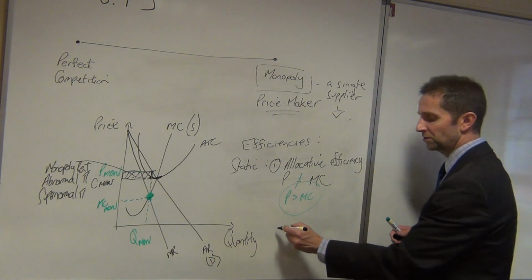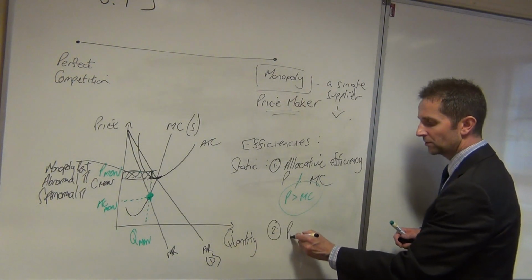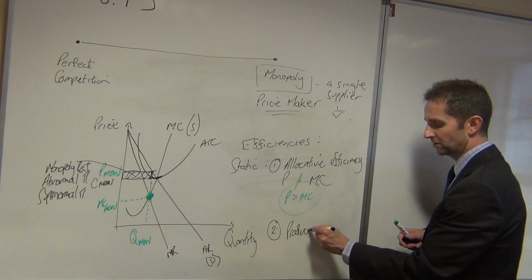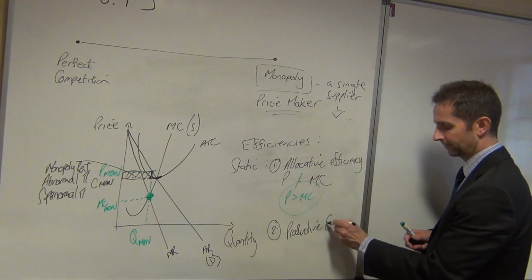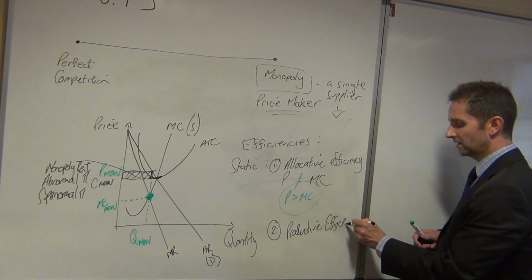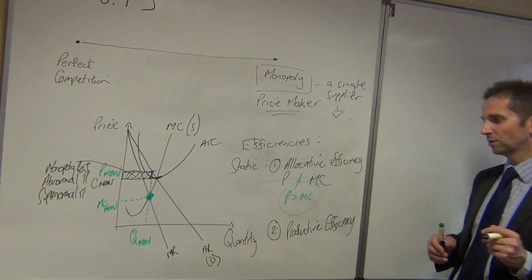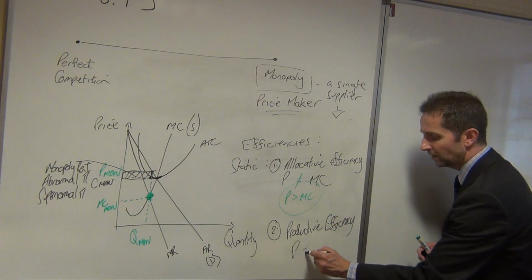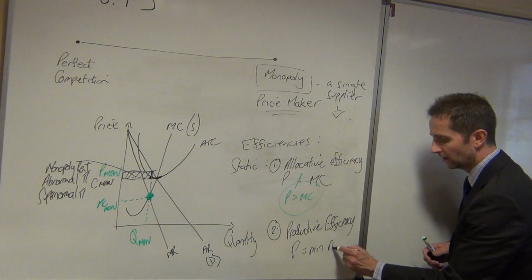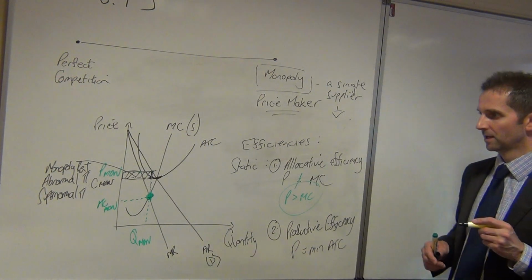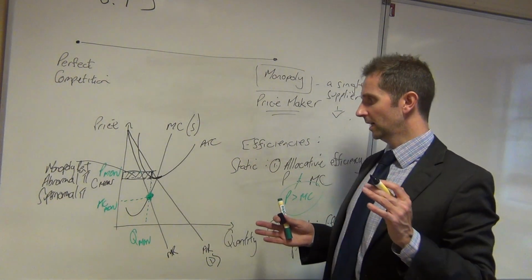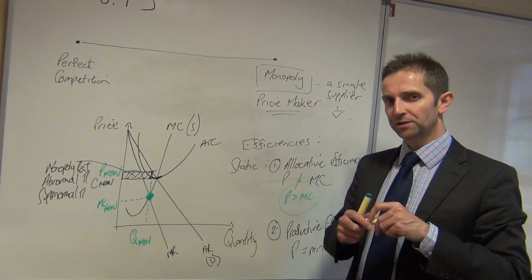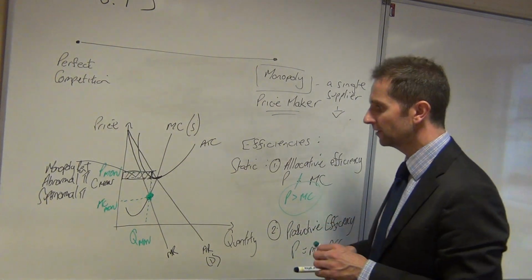The other static efficiency to consider is, of course, productive efficiency. And we said yesterday, a firm is said to be productively efficient if the price is equal to the minimum point on the average total cost curve. Well, does price equal the minimum point on the average total cost curve at the monopoly level of output?